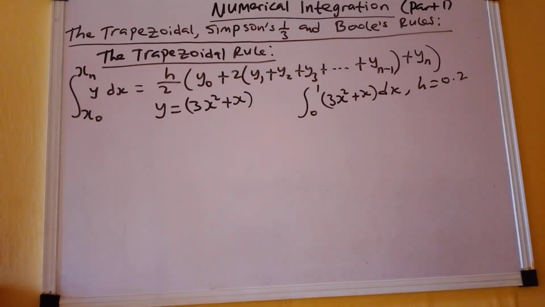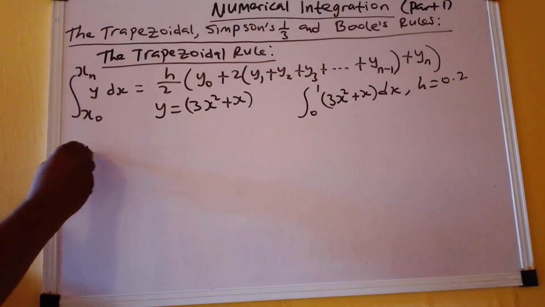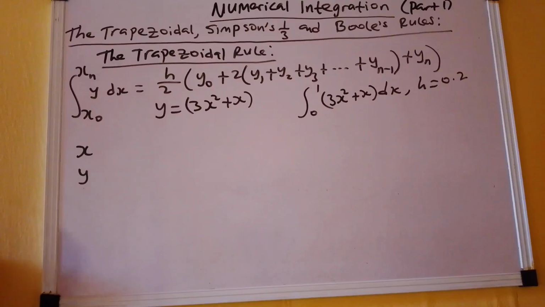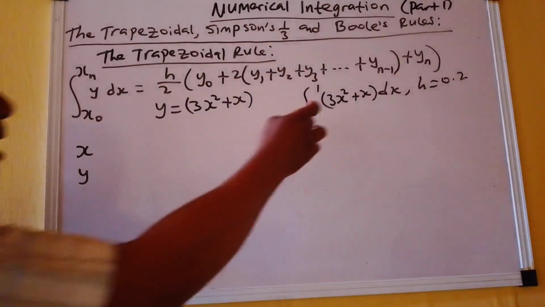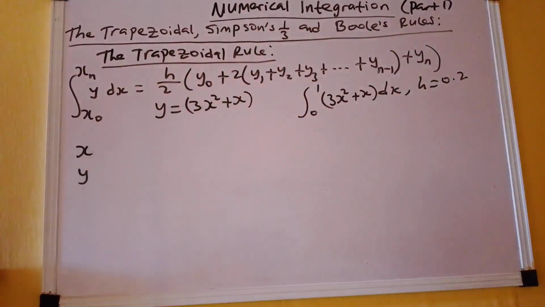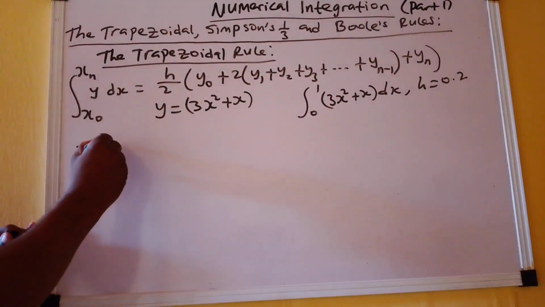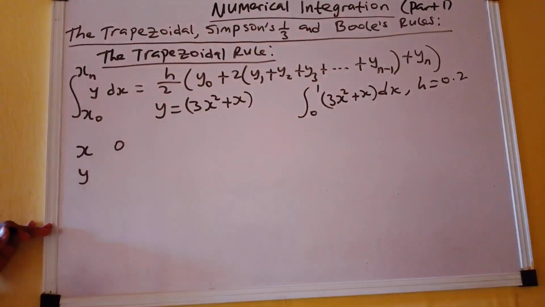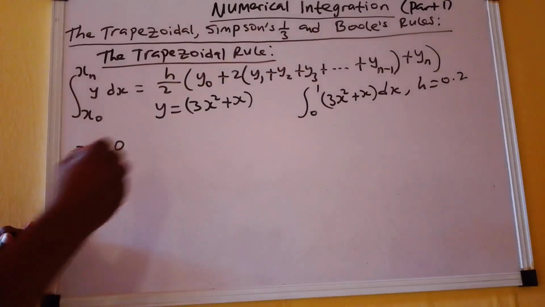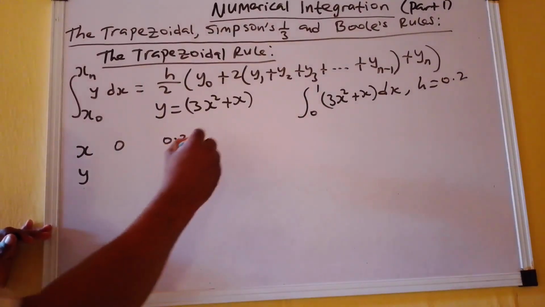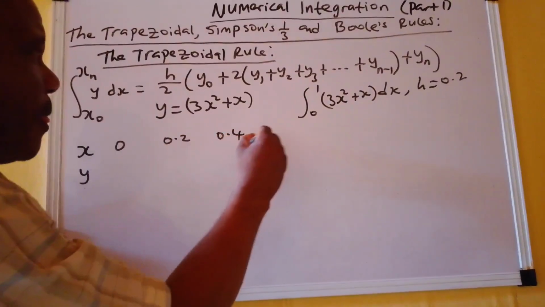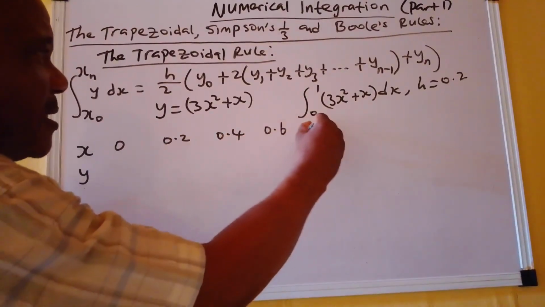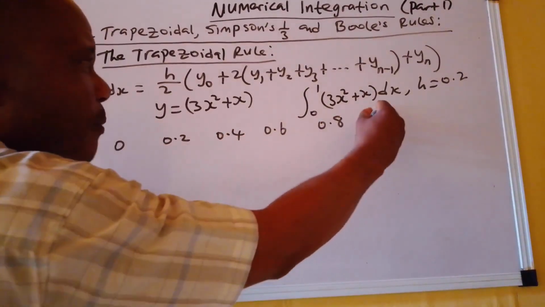Now let us create a table of x and y. X takes values between 0 and 1, so x starts from 0 and increases with h. The next one will be 0.2, then 0.4, then 0.6, then 0.8, then 1.0.